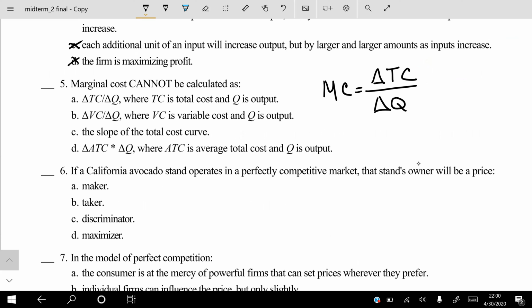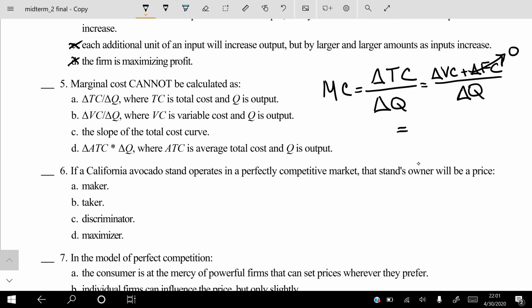So we can rearrange some of this. Remember, it's the change in variable cost plus the change in fixed cost over the change in quantity. But the change in fixed cost is 0, right?